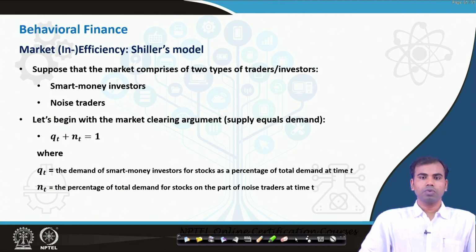Let me show you this equation in more detail, which will help us understand how investor sentiment, or rather investor behavior, becomes an important input for pricing the financial assets that we are considering for investment.